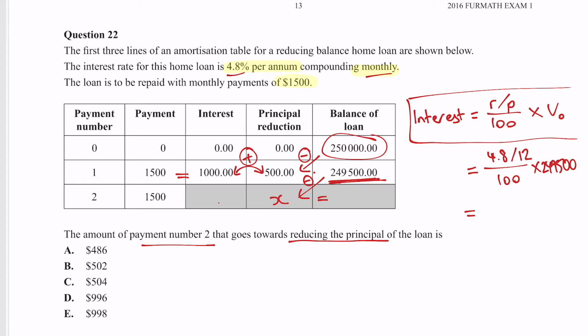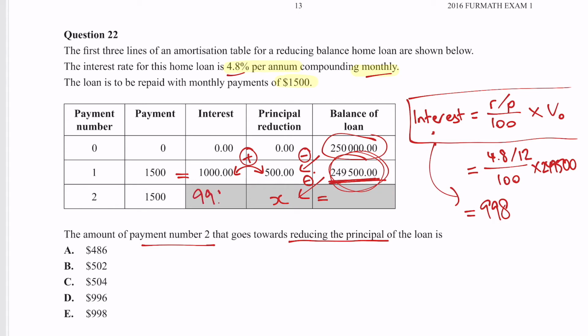So you're always using the number before, this number here, to find the value of the next payment, the next balance of the loan. I need to use the previous number. So that's what our V0 is in this case. So when you do that on your calculator, you should get 998. And remember, that's our interest.